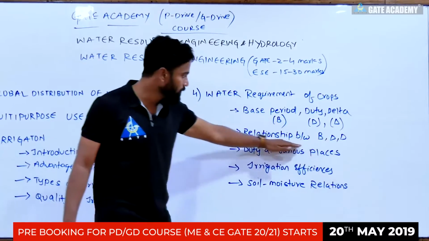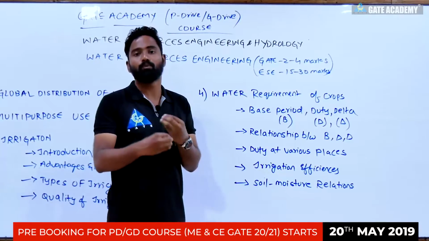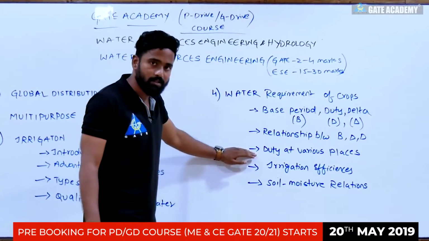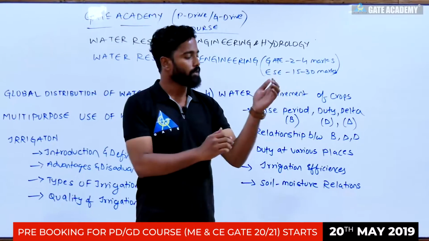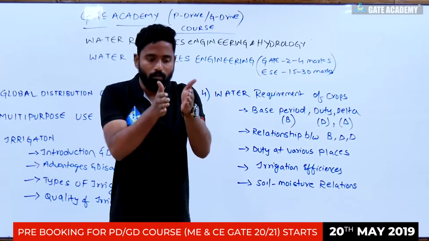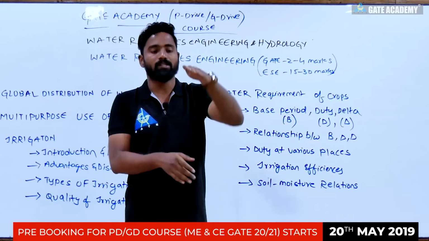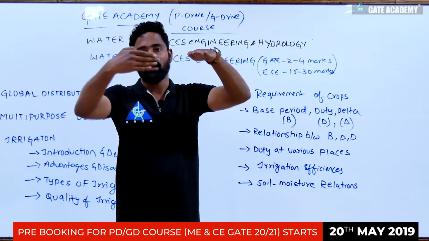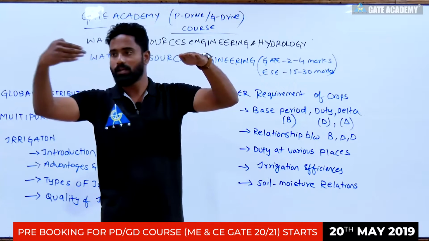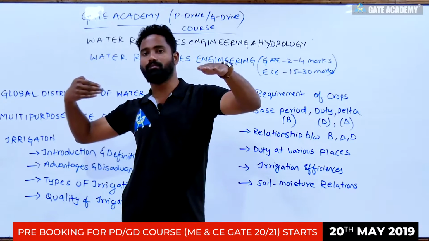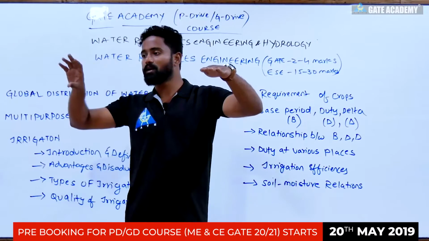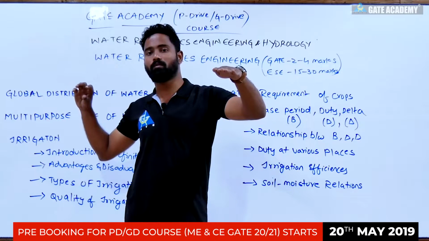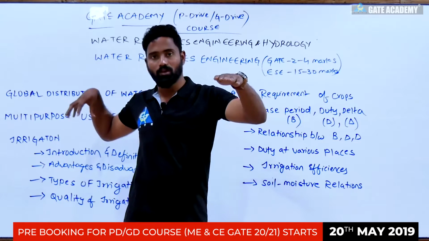The in-depth relations and in-depth proofs will be discussed in your pen drive courses. And then duty at various places. Various places means, first you have raised the water level in the dam and you are providing this water to the canal, and then water moves in the canal and goes into the field, right? During the movement there will be some amount of losses, and finally it reaches the field.